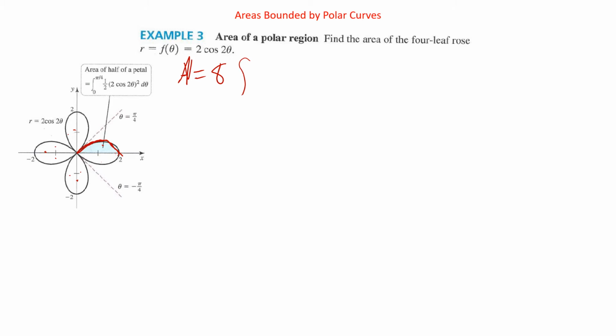We're going to go from 0 to pi over 4 of our f of theta squared. That's this 2 cosine of 2 theta squared d theta.